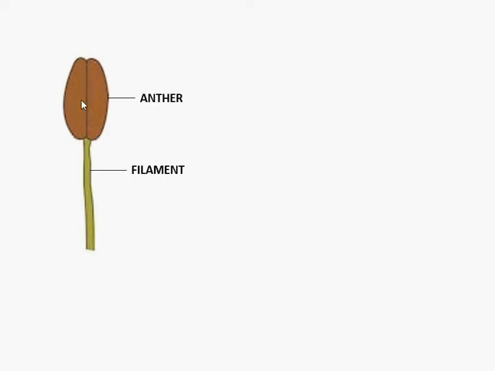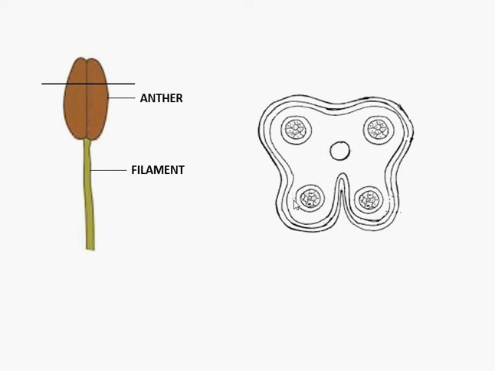Now, if you want to see the chambers inside the anther, we need to cut the anther transversely. When we cut the anther transversely, we can observe the image like this.